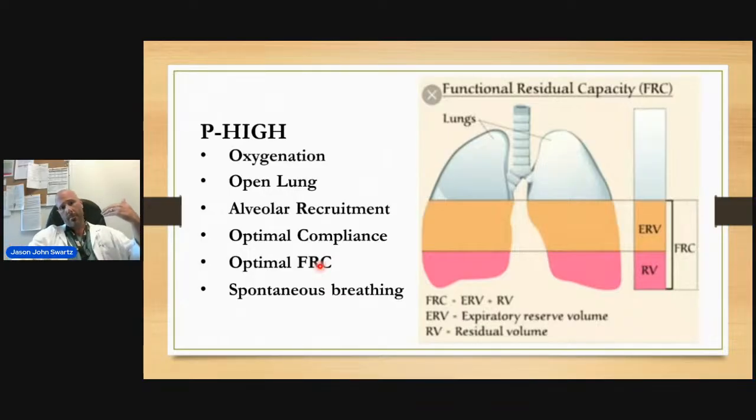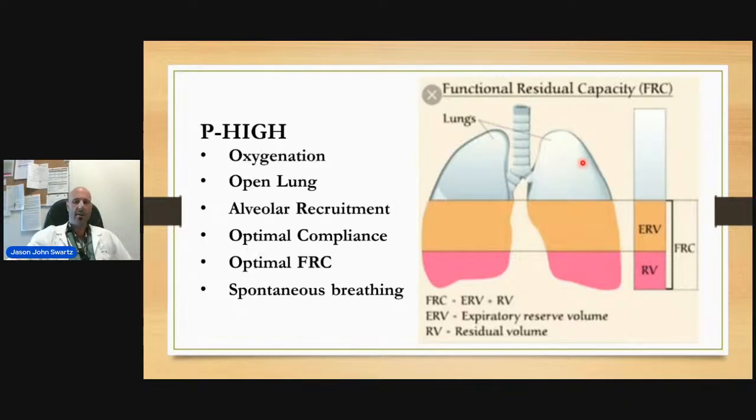Also, obviously, sometimes you might be very high in your P high during the recruitment phase. Probably maybe not time for the patient to breathe, but once you want them to resume breathing, you do want the P high setting to not be so high where they have no more inspiratory capacity and the lung is just completely air trapped.